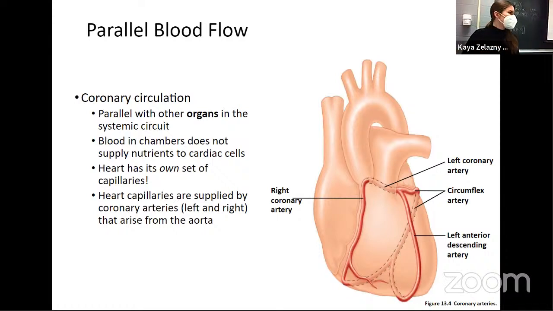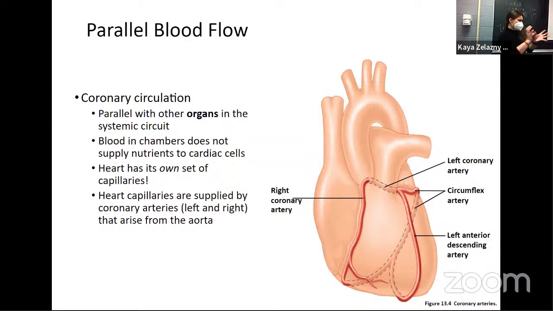So is the heart as a whole parallel blood flow, since different sides of the heart are doing different things at the same time? The inside of the heart we would think of as series because it goes through right and then left. But here we have parallel flow to the heart when we're talking about feeding the muscle. What we're talking about most of the time is the blood inside the heart, but that's not where the muscle is getting its oxygen.